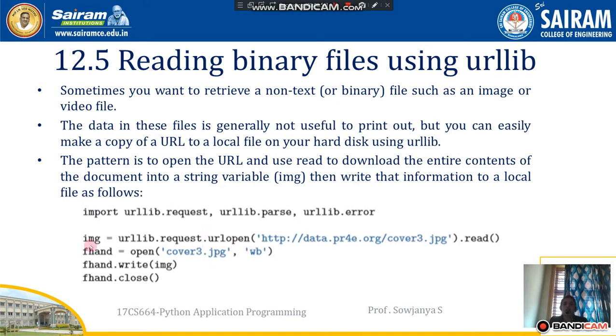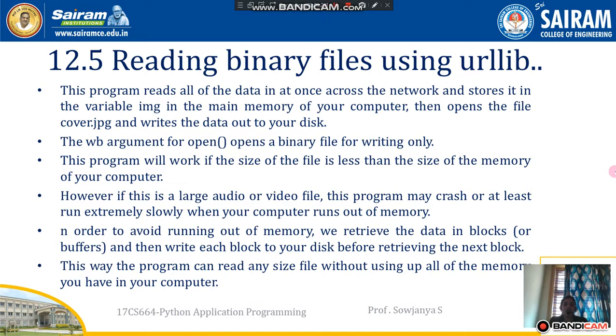You can see here, first you import the urllib library, then the parse library and then the error library. Okay, what image do we want to read? For example, say my image is cover3.jpg. It is going to read that particular image, open the file, and then write the image. Then we close the file.